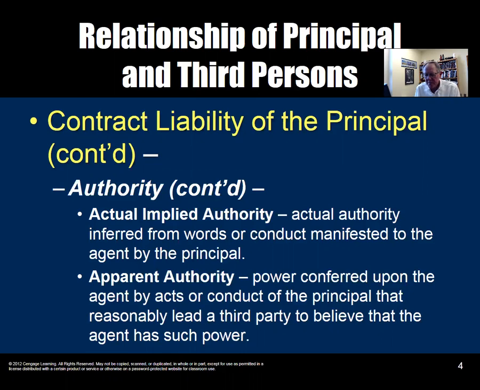Related to that, and very similar, is what we call apparent authority. And this is looked at from the customer side again, and they say, is this customary for the agent to be involved with?